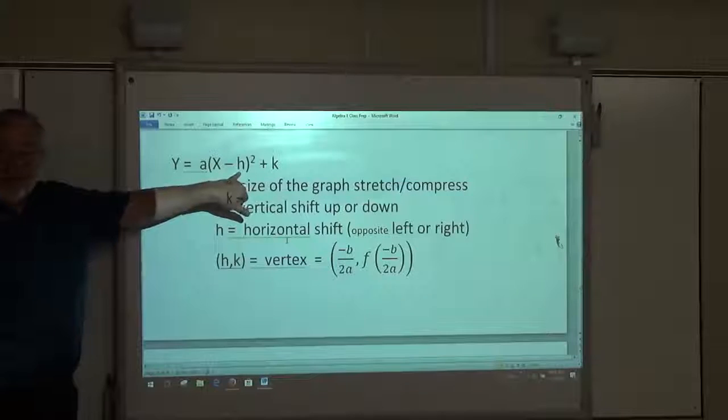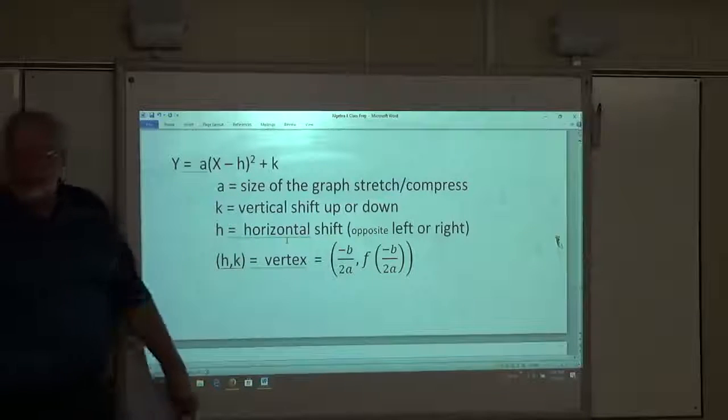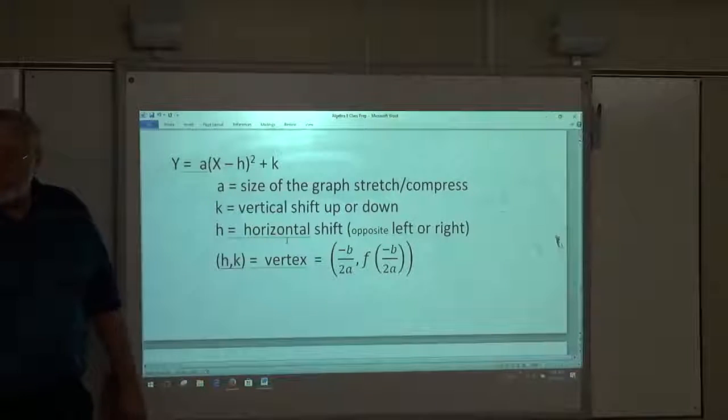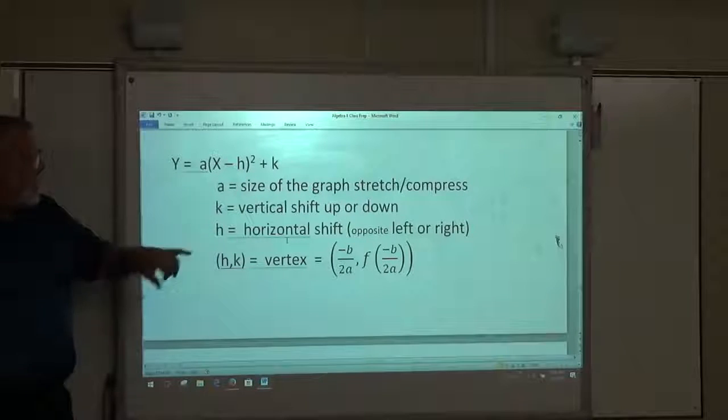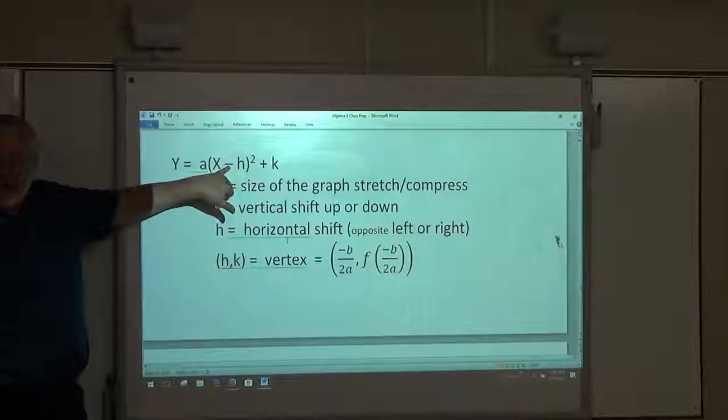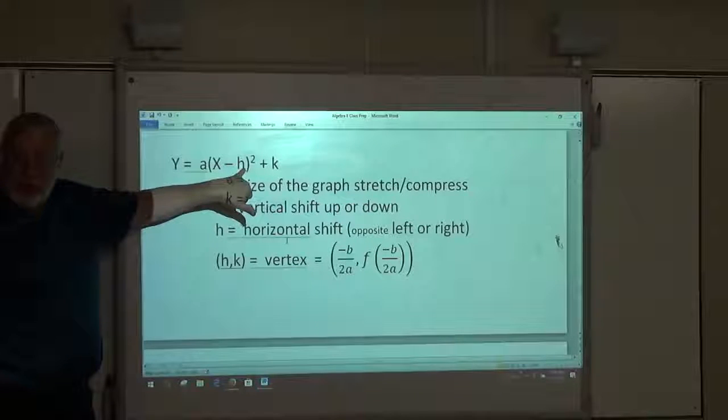All right, now, what this example is with letters is a completing the square example. This is what you have left after you've completed the square. And we know when this is a negative sign, the x value of the vertex is going to be whatever that number is.